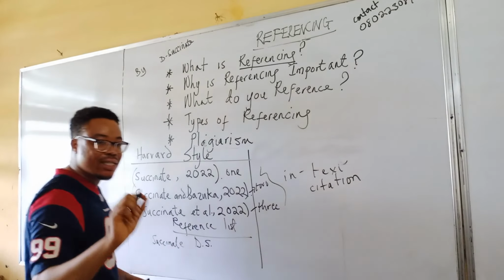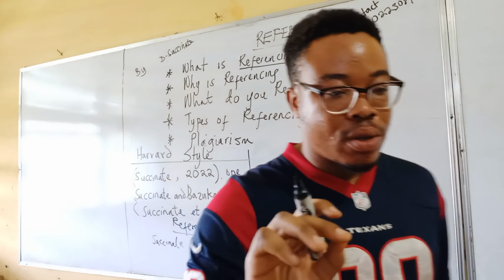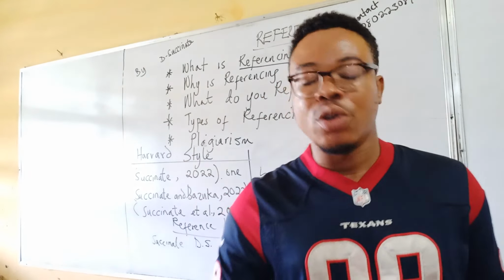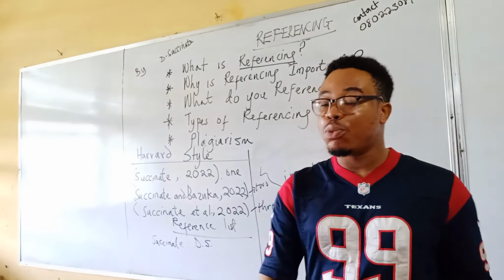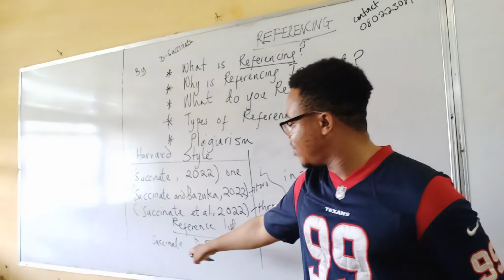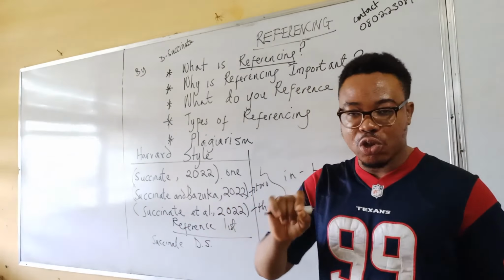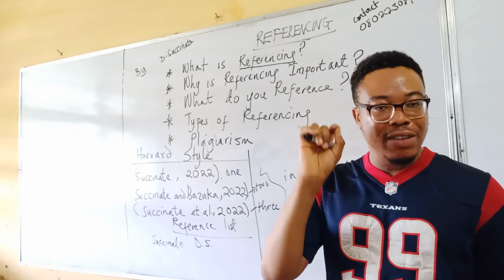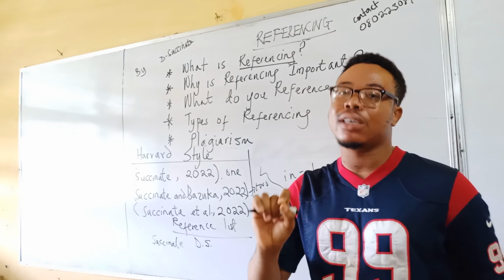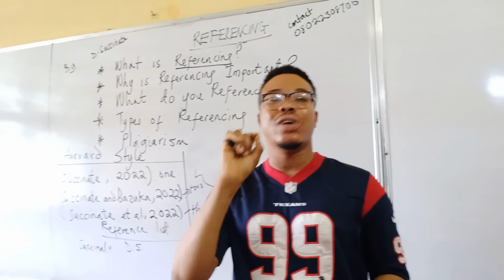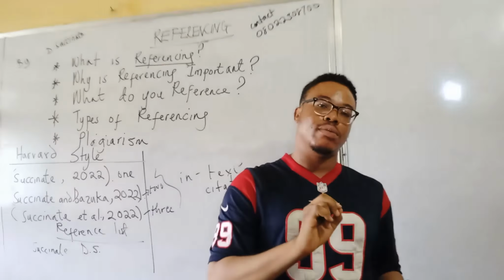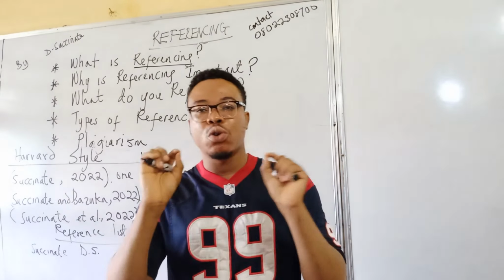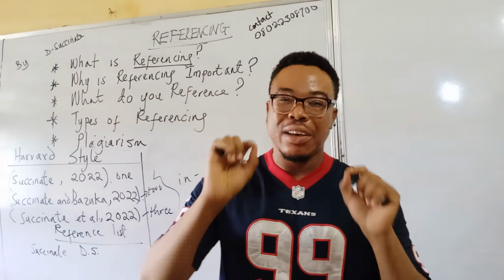Please, when you are writing initials, you must put a full stop after each of the initials. If there are no full stops, that means you are making a very big mistake. Punctuations are usually important when referencing.